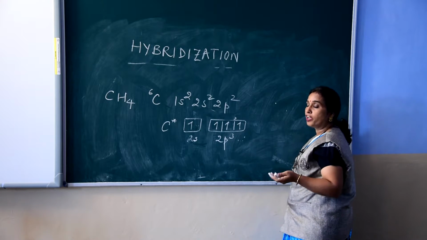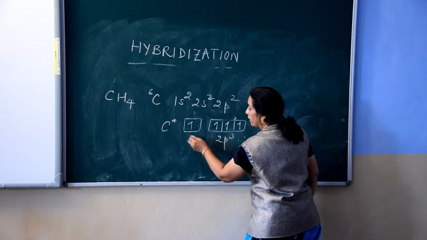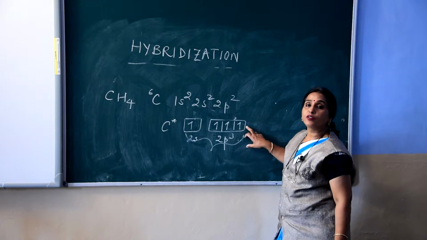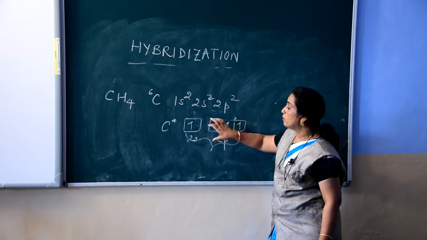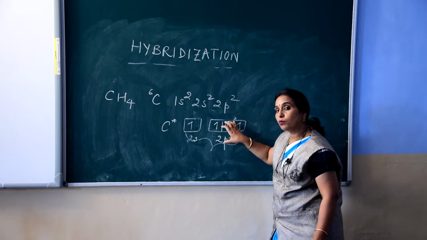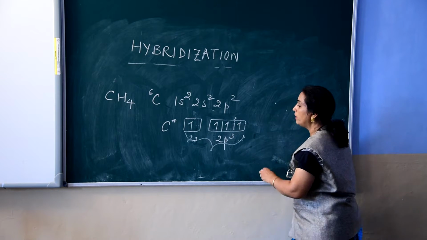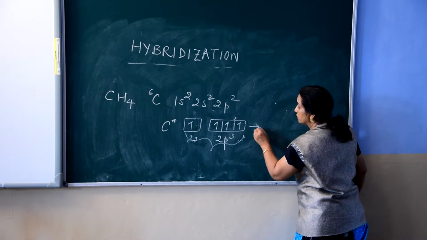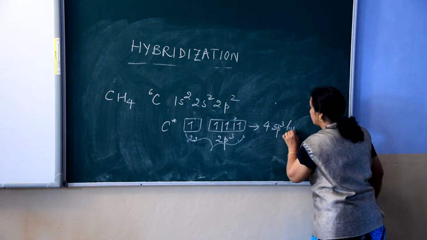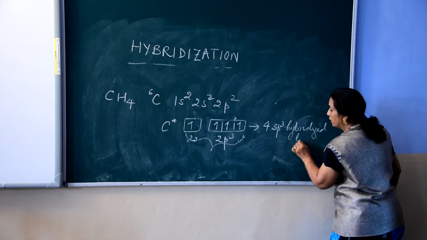As per our requirement, depending on the compound, in case of methane the s and all the 3 p subshells, that is 4 orbitals, will be involved in hybridization. So 1s and 3p will give us 4 sp3 hybridized lobes.